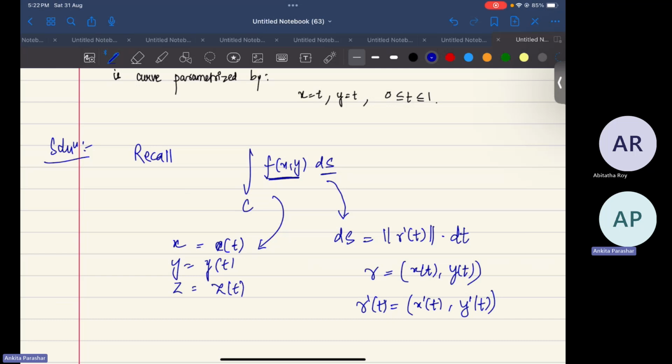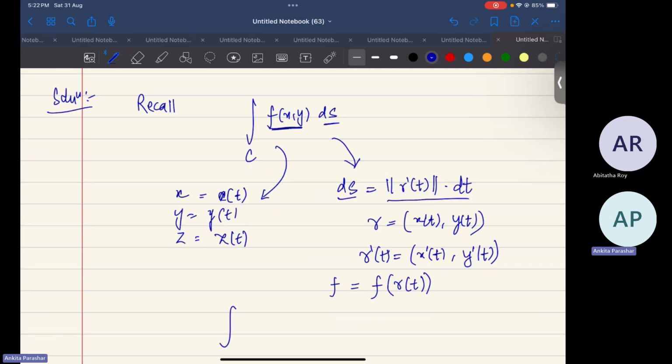So it depends what kind of function you have. As long as we have a scalar field, we can do this. That ds can be written as this, and of course your f can be written as f of r(t). So basically, your f of x, y ds will change to f of r(t) norm r prime t dt.